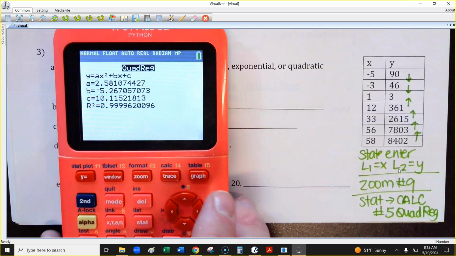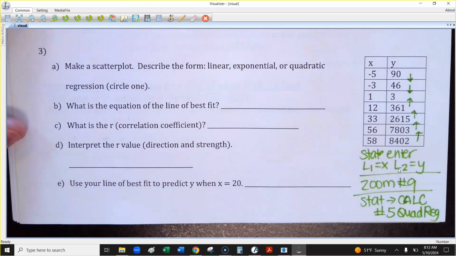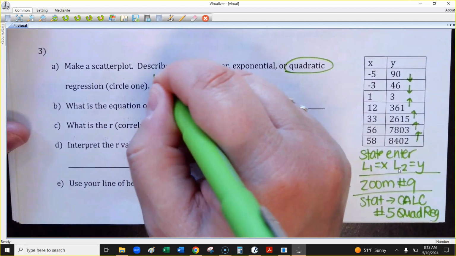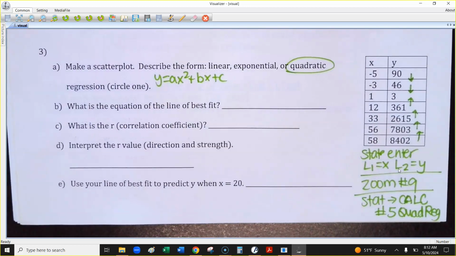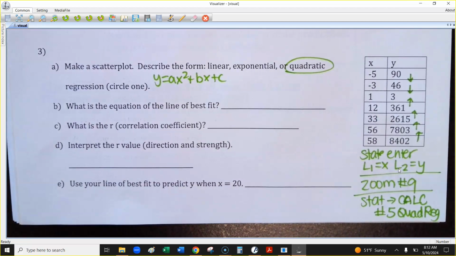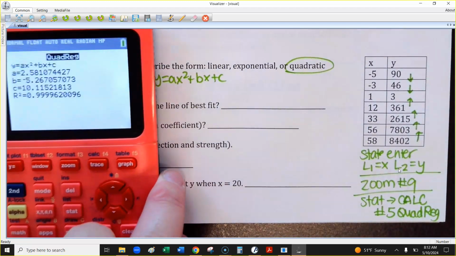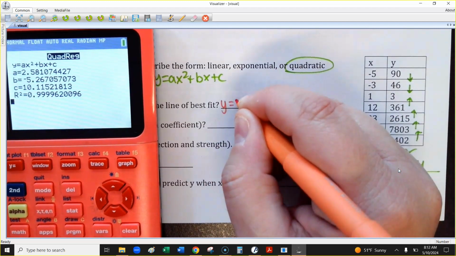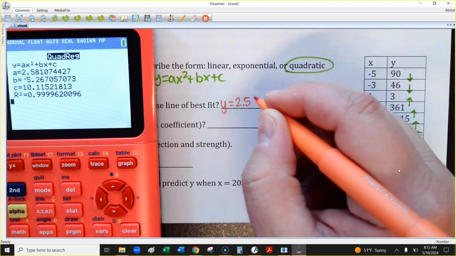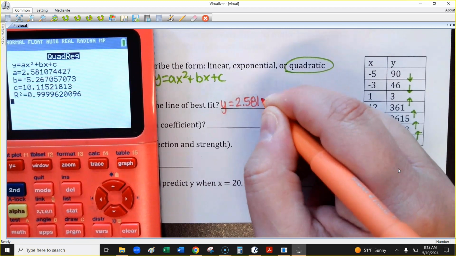Now, this will be in the format, just our standard form, so y equals ax squared plus bx plus c. So you got to sub in the numbers they give you for a, b, and c for your equation. Now, sorry, this line is probably not very long, but I'm going to write y equals, we got about 2.581, that'd be x squared.